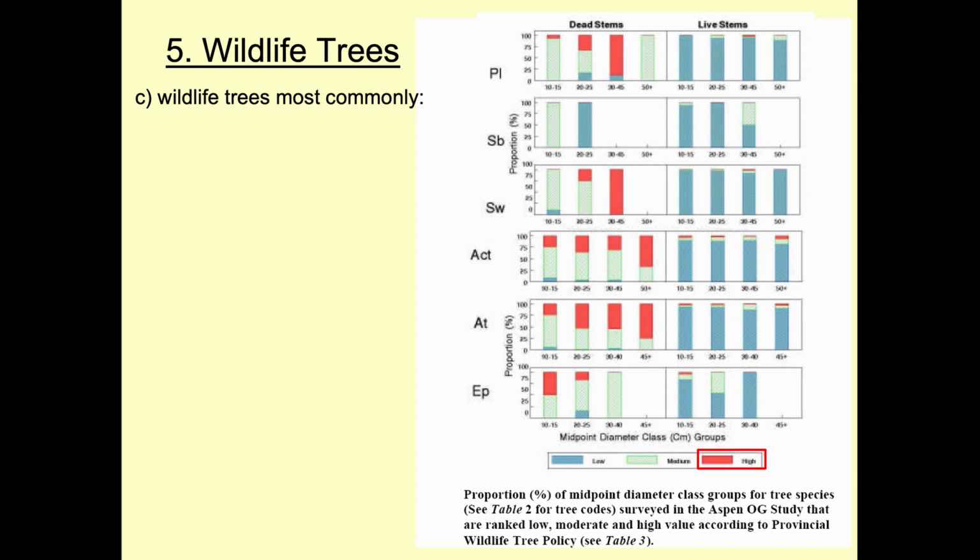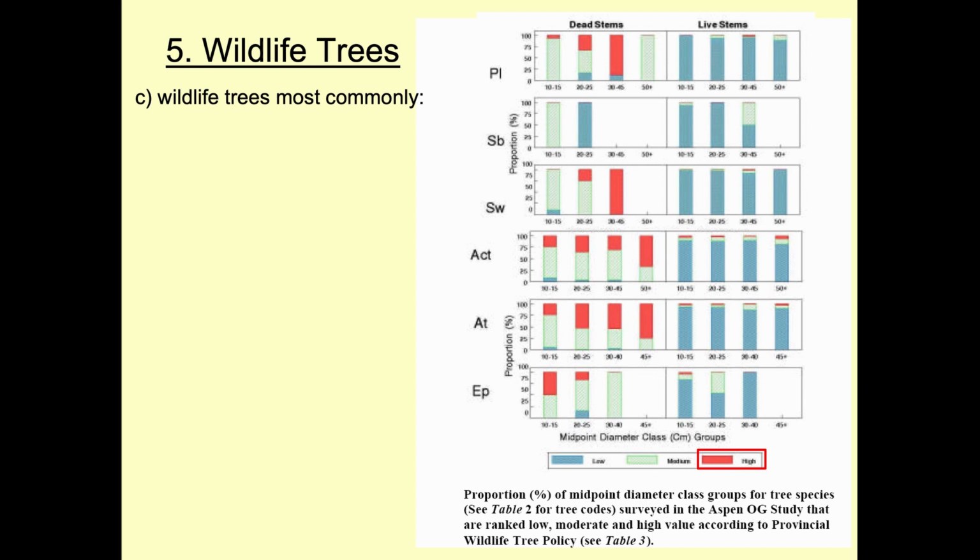Right off the bat, those red colors are associated with individuals that have a high value of importance to the surrounding ecology. Ultimately, you can easily see that the dead stems have more ecological importance.